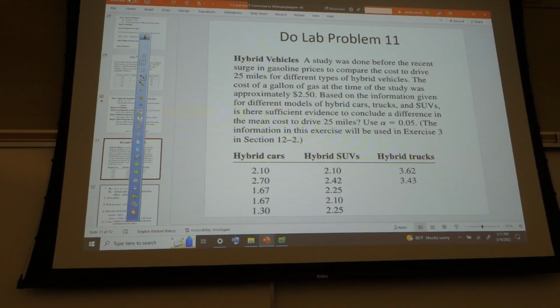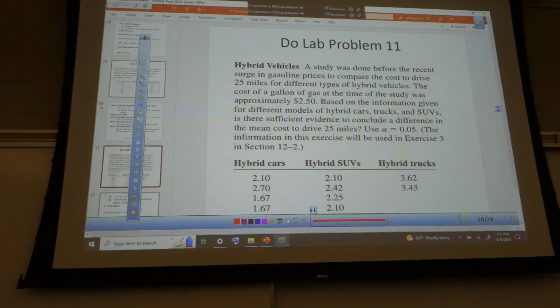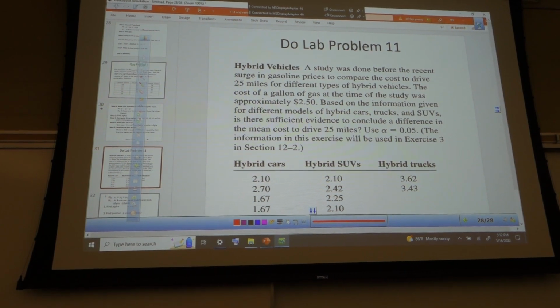All right. So you folks do lab problem 11 from your quiz. We did lab problem 9 already a second ago, right? Yes. And we did lab problem 10 already, correct? No, we didn't do lab problem 10? No. Oh, do lab problem 10. The classes did it, but do lab problem 10 now, and lab problem 11.